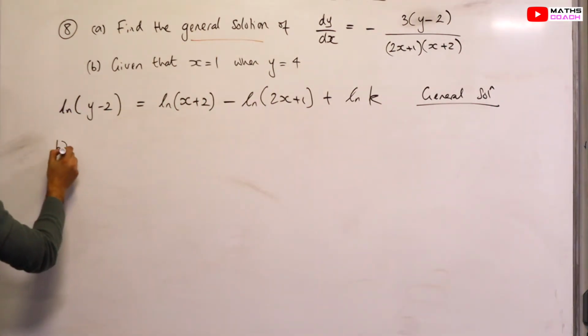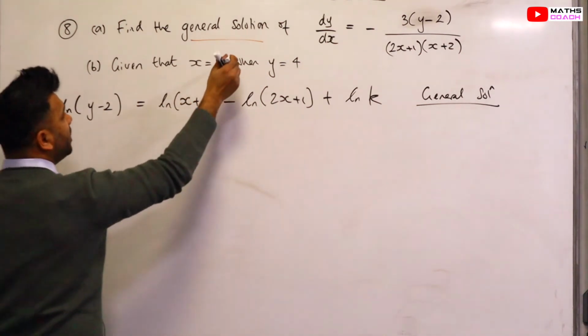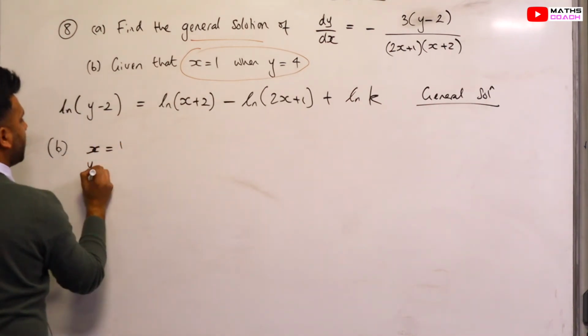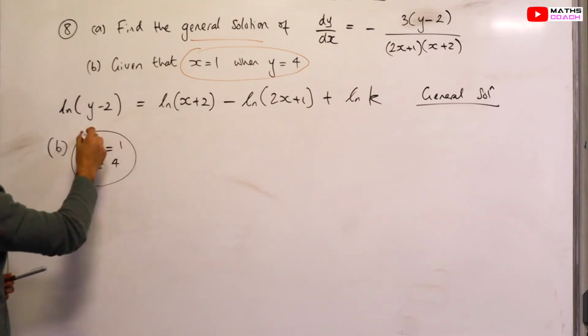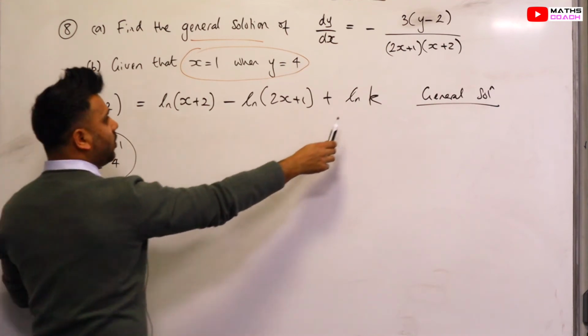Now, for part B, we are required to work out the particular solution because we're given boundary conditions. So when x equals 1, y needs to be equal to 4. We're going to substitute this into the general equation in order to work out what that k is.